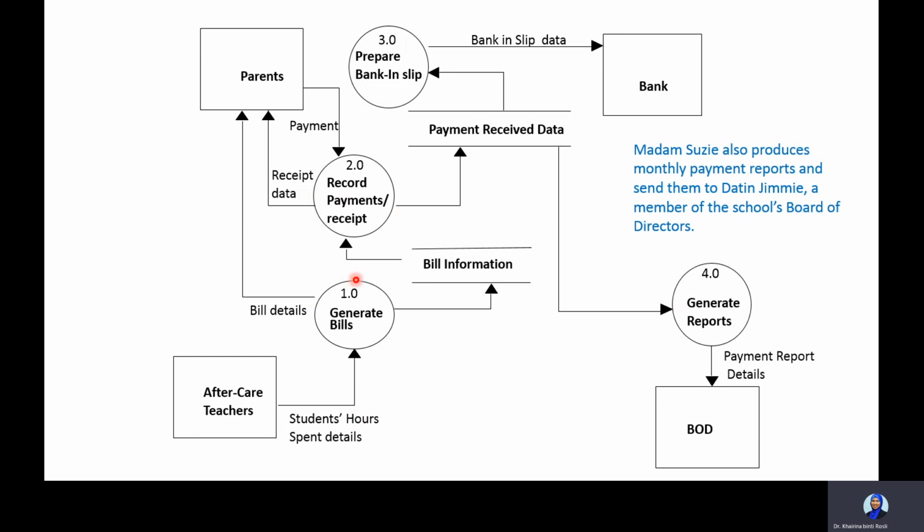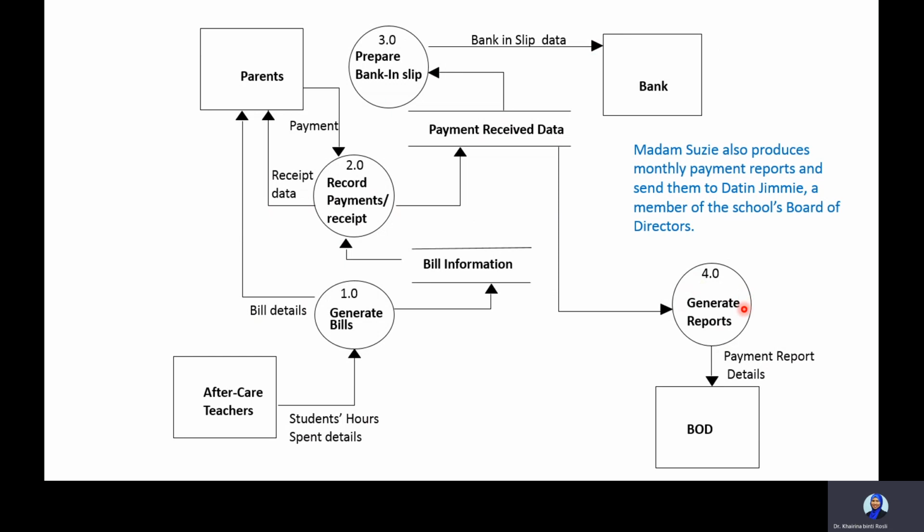And also the process, we draw the symbol for process and put the number to show which process goes first, and then which one is next. So we can see the flow of the process. And also in the process symbol, we put a verb to show the process.